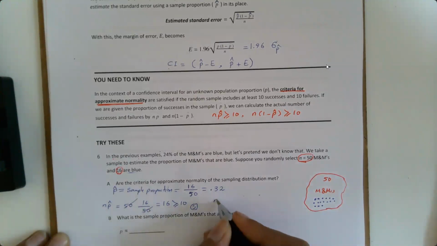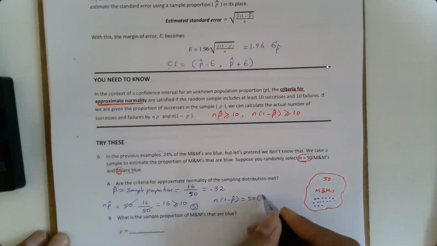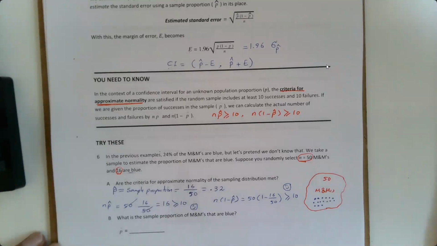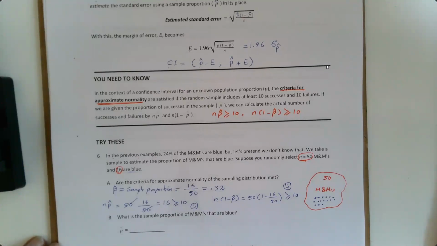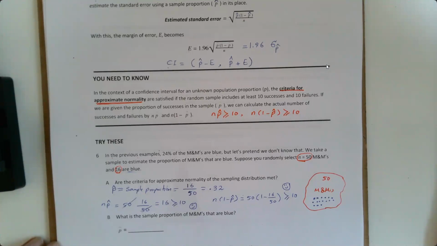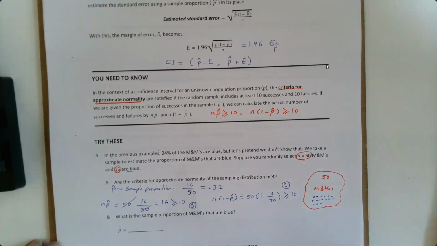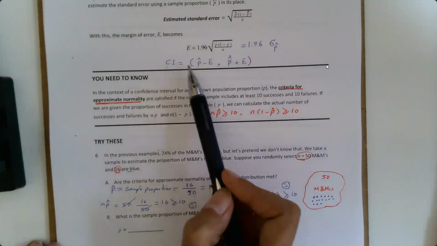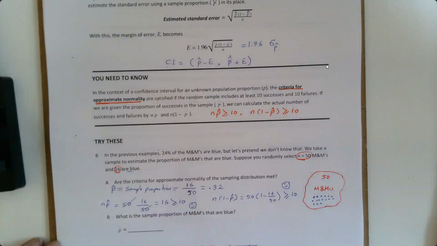Now n times 1 minus p hat, which is 50 times 1 minus 16 divided by 50, which is again larger than or equal to 10. So the normality is met. It means that this distribution is going to be normal, and we're happy about that. We can move on to find the rest of the information here and construct the confidence interval.